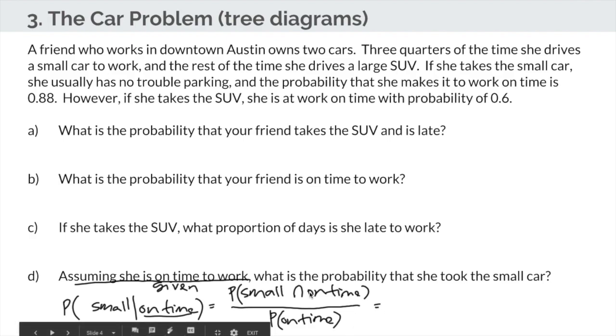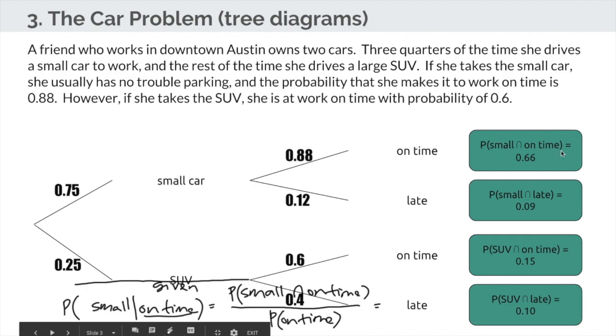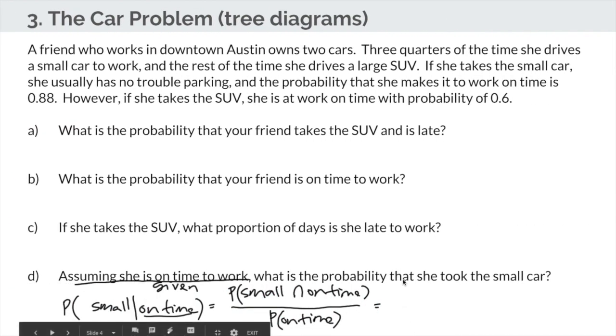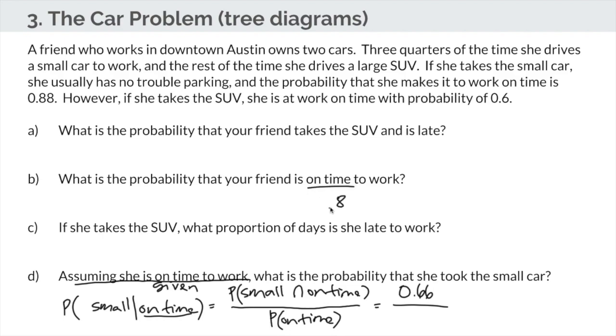So small and on time was one of my four "and" probabilities that I calculated to start with, which is this one up here, 0.66. And then on the bottom, the probability that she's on time, we actually calculated that back up here on part B, where we got 0.81. So we know that that's what goes on the bottom.